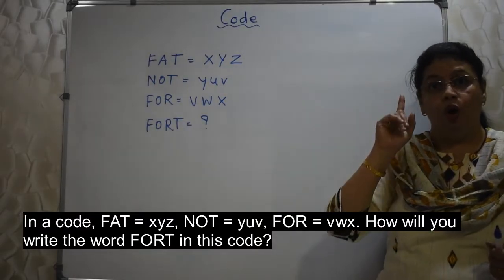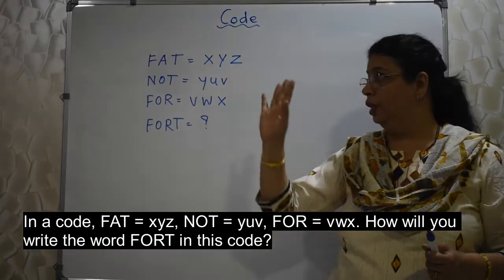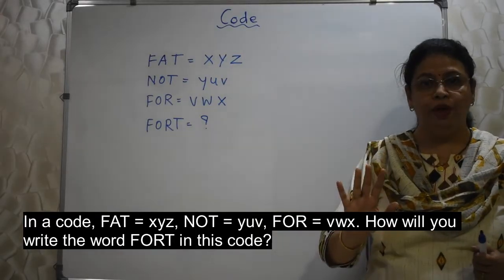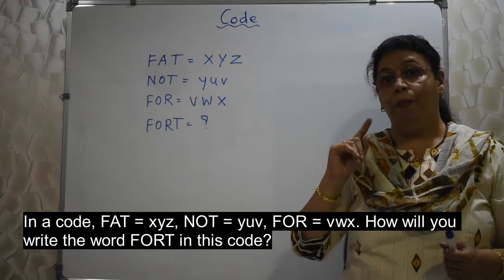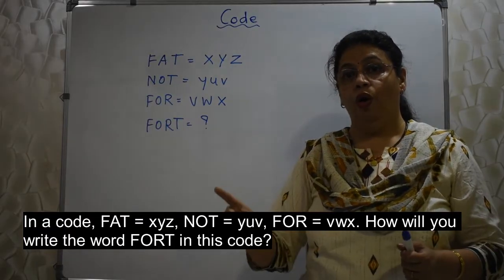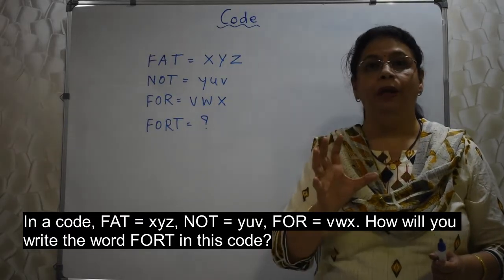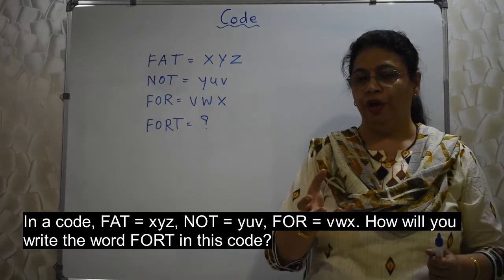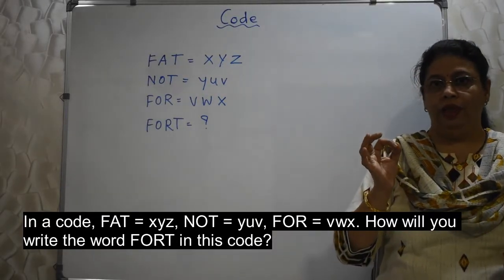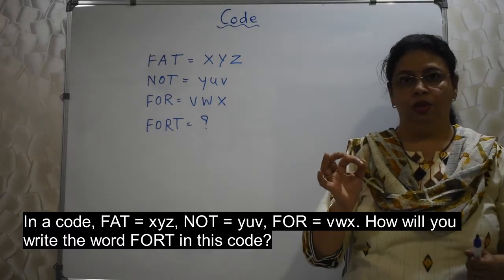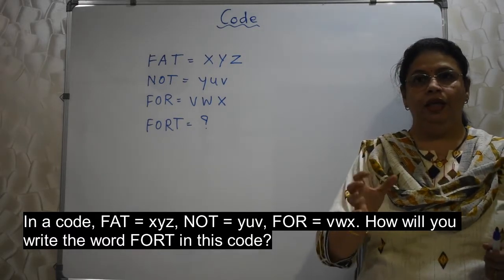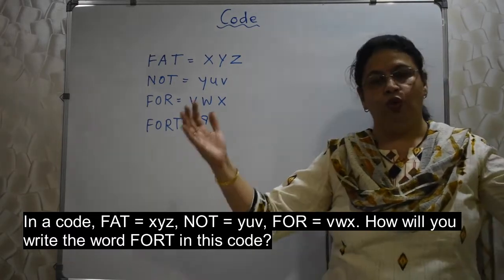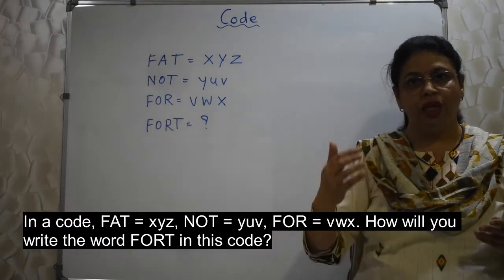Here, observation of the letters is very important from the point of view of saving time. I always tell you, time is a crucial, very important thing. It is a scarce resource. What do you mean by that? That is, time is less and the work we have to do is more. So we need to save as much time as we can.